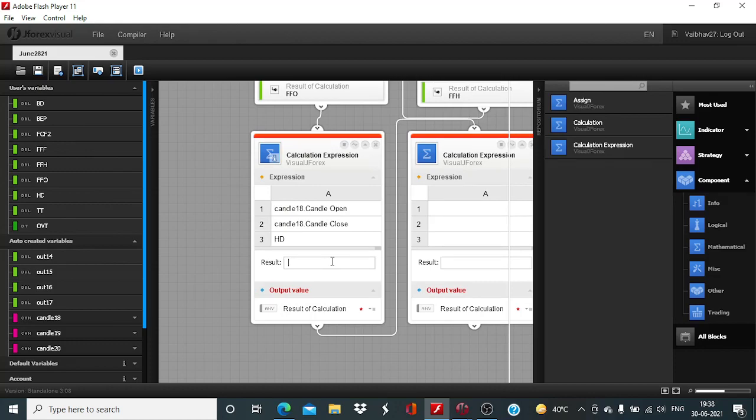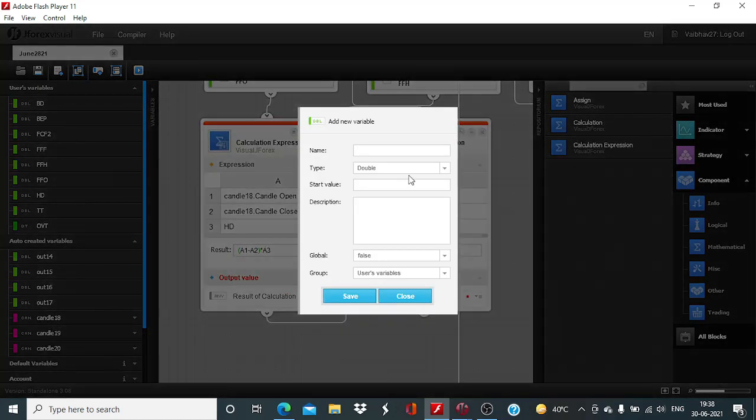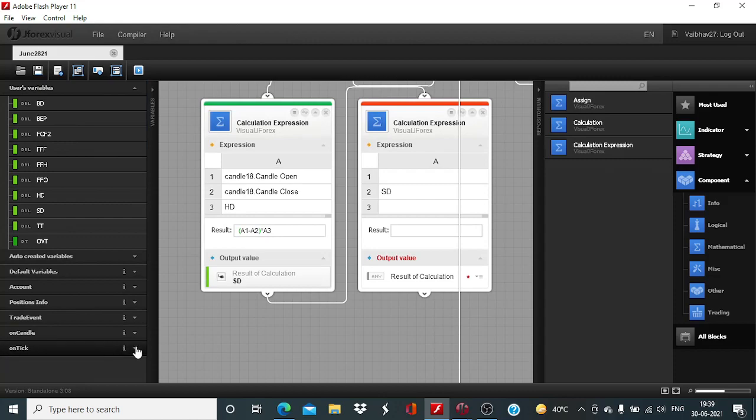This is going to be A1 minus A2 multiplied by A3. Result of the calculation, I will name it as D. We take this D and add it to the last tick price.